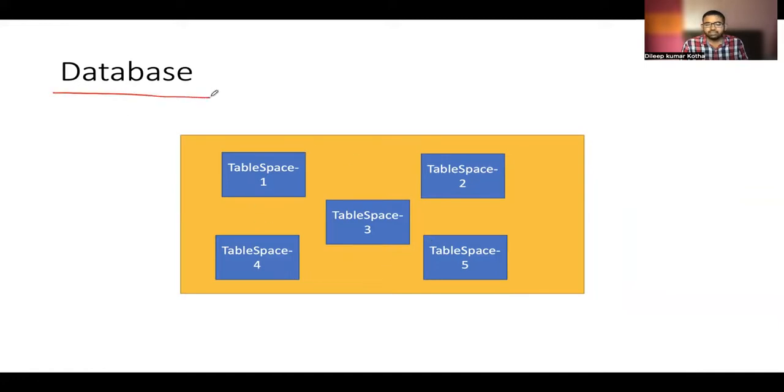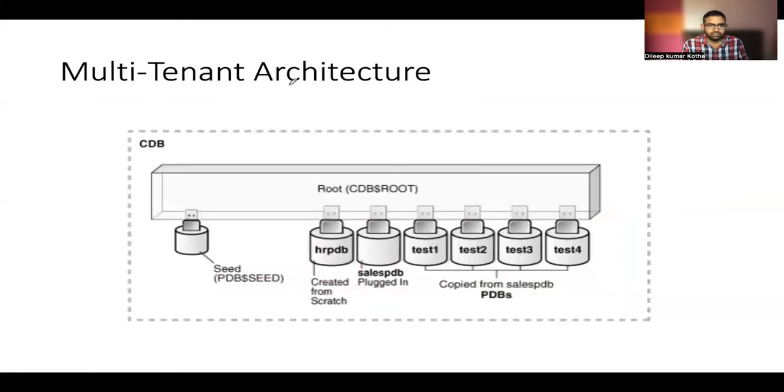And not only that, we have another level of abstraction for the databases also, which we call multi-tenant architecture. Here there will be a container database which will act like a main root database, and here, just for representation purposes, it looks like a USB drive, but we can attach databases to it. So they are called pluggable databases.